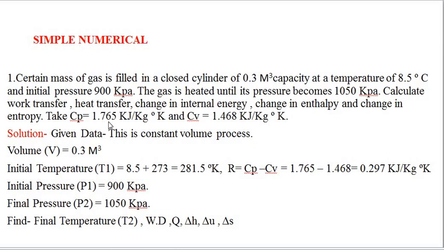Therefore when you are using the kilojoule term, you have to write the pressure value in kilonewton per meter square. So the kilo term must be there, so that we can easily solve the problem.